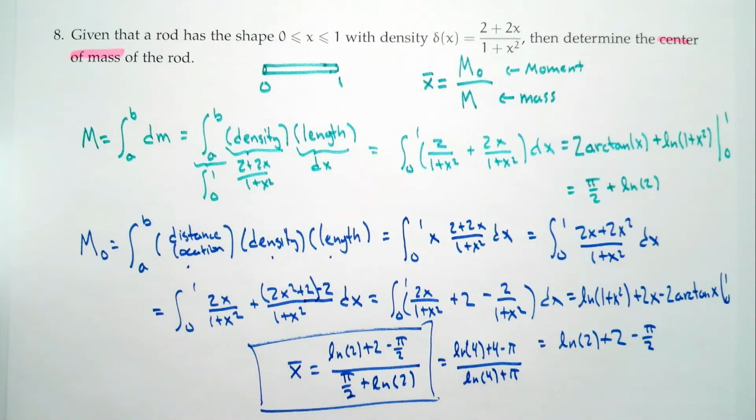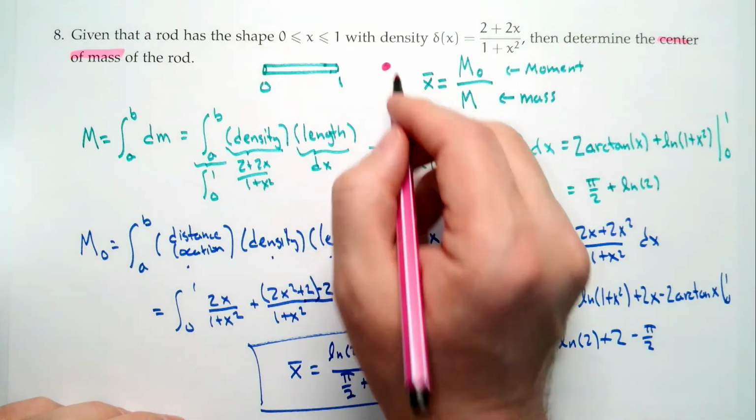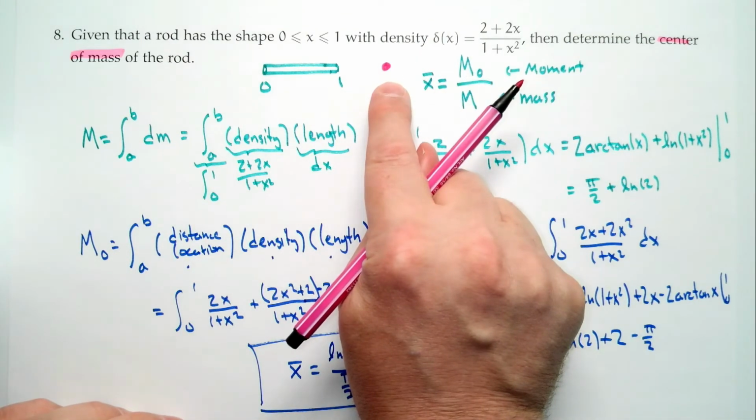All right. Now, it's not so clear how to do it here, but whenever you do a center of mass problem, what should you kind of check in the back of your head? Does it make sense? Is your answer reasonable? Now, what does that mean? Well, if we had done our center of mass problem and discovered that our center of mass was over here, what should we do?